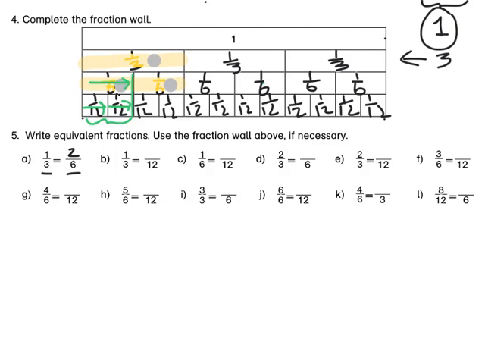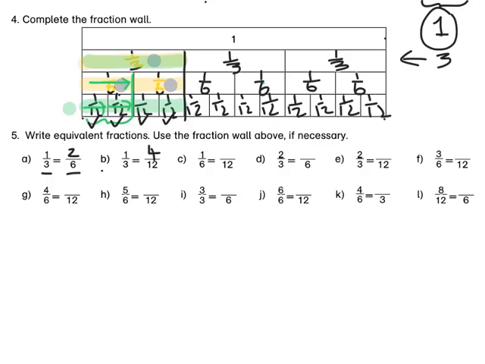Now, if we look at B, 1/3 is equal to how many twelfths? Here's 1/3. Now if we look at our twelfths line, we must go all the way to the same point. Now do you see? Up until there, 1/3, we have 1, 2, 3, 4 twelfths. This means that 1/3 is equal to 4 twelfths.